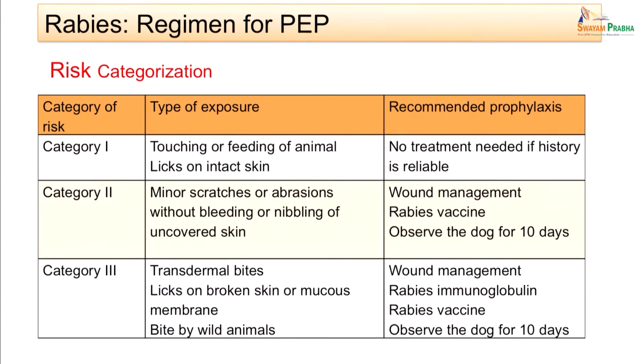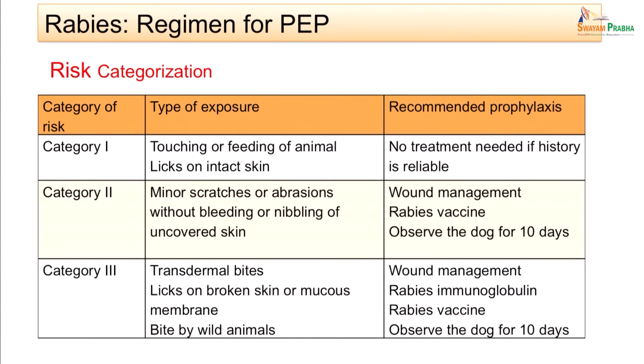Category 2 is minor scratches or abrasions without bleeding on the skin, or nibbling of uncovered skin. For this category, the prophylaxis required is wound management, then giving rabies vaccine and observing the dog for 10 days.